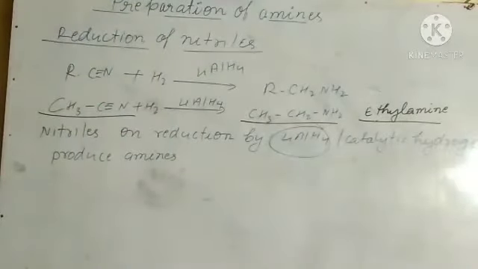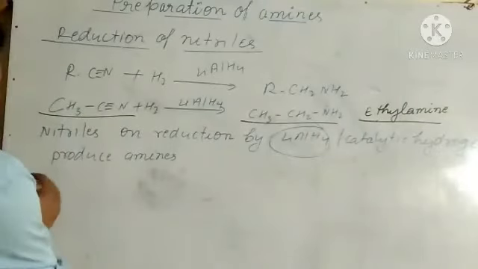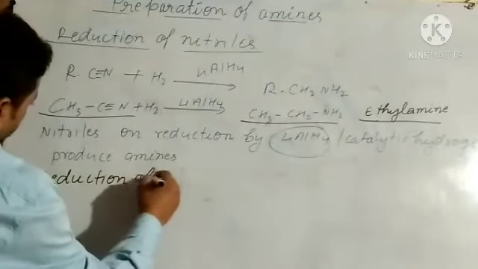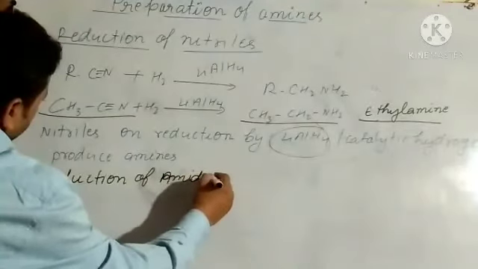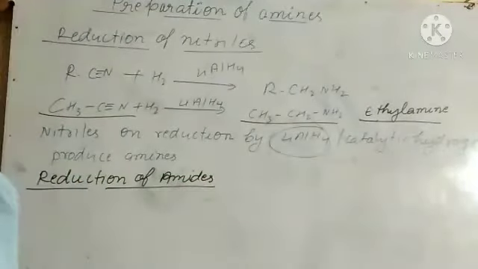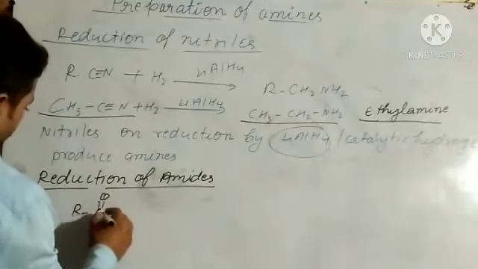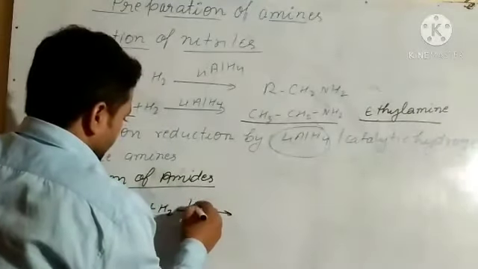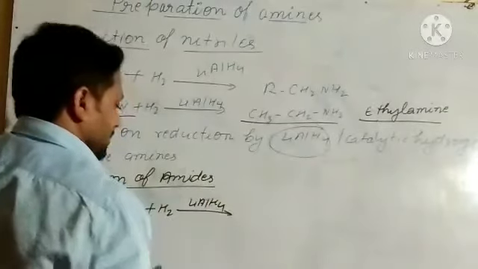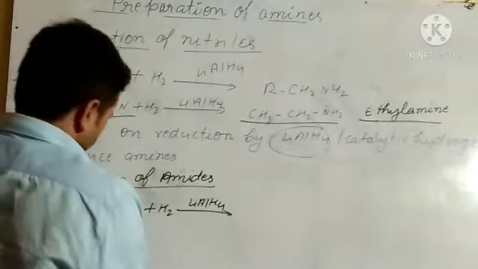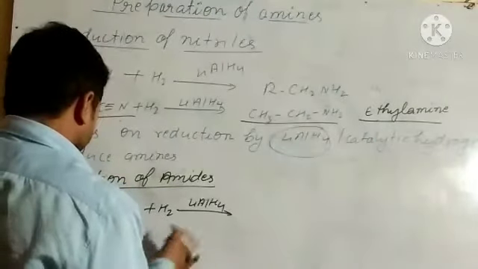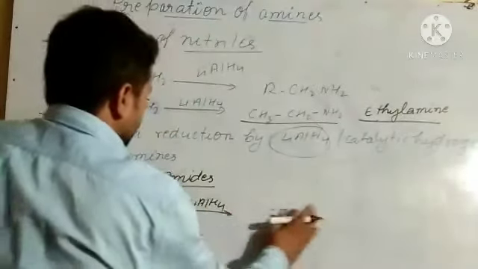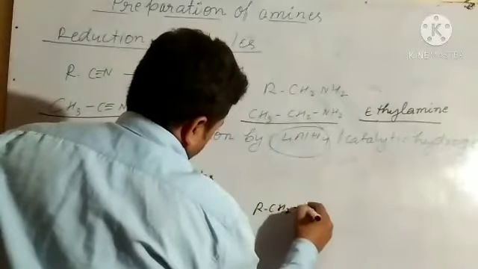The next method is reduction of amides. Reduction of amides by lithium aluminum hydride gives amines.